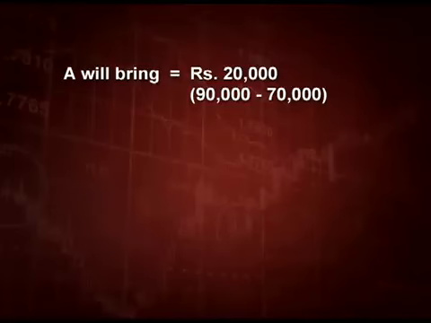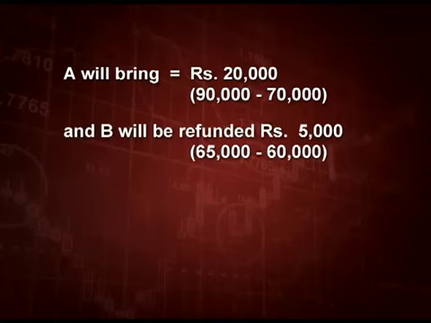If any partner is having more capital, he must be refunded, and if a partner is having less capital, he shall bring the additional capital to make it proportionate. So, this we have shown here. A will bring rupees 20,000, that is 90,000 minus 70,000, and B will be refunded 5,000, that is 65,000 minus 60,000.